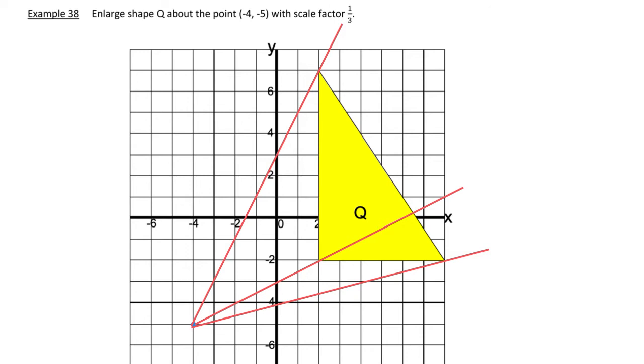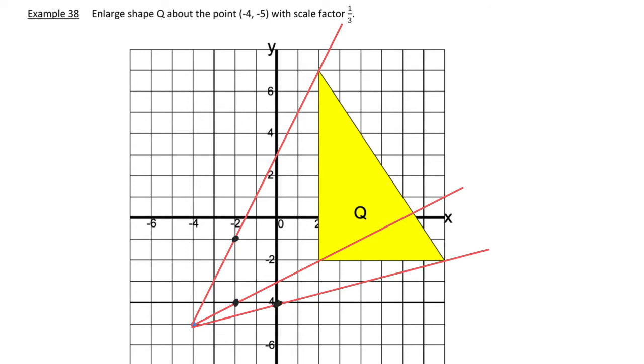And what I find is that the first point is going to be here, and then the next one I'll measure this line length and multiply it by 1/3, and it goes to here. And then the last point we'll measure the length of the line and then multiply it by 1/3, and we get here.